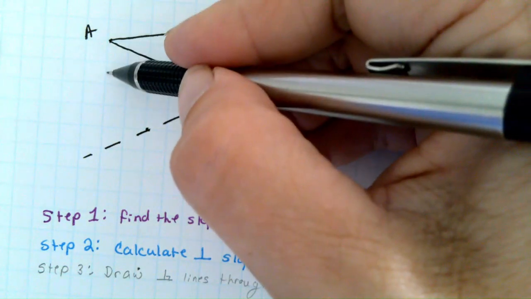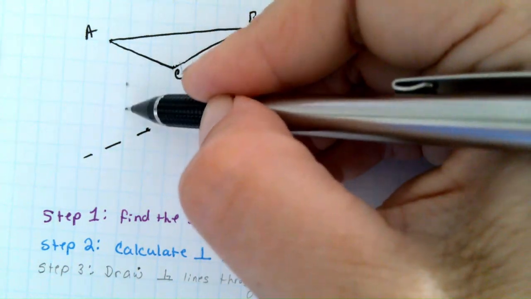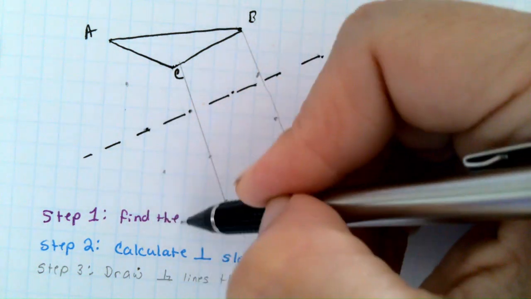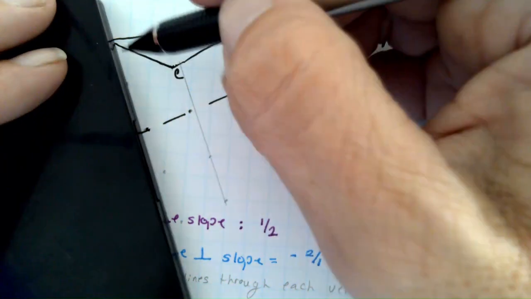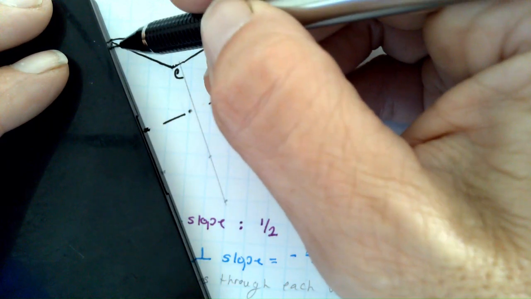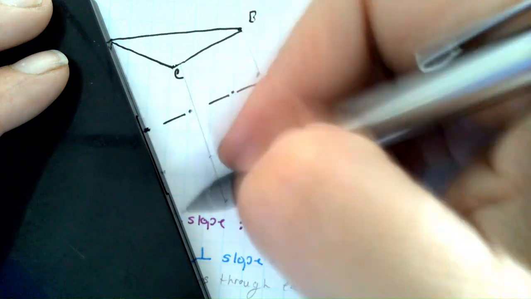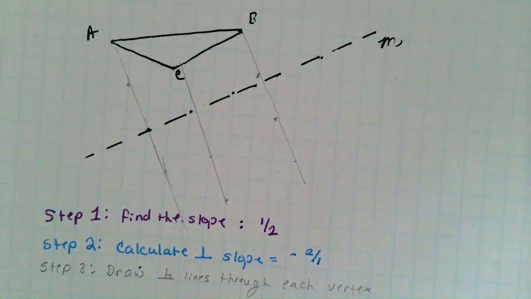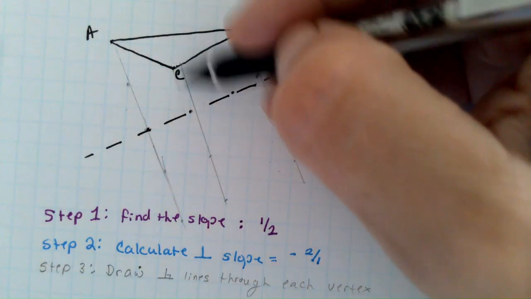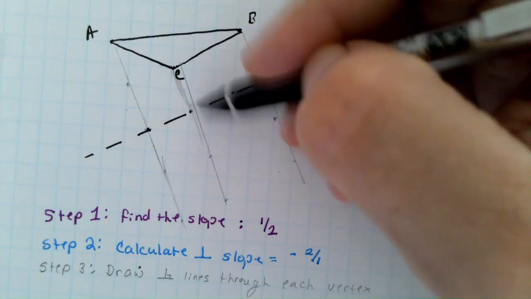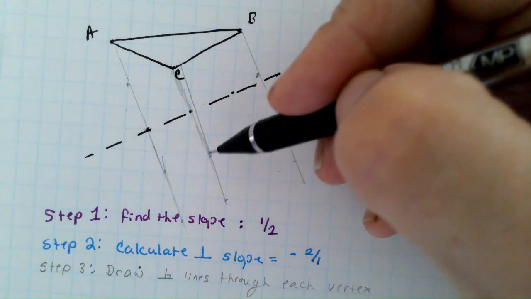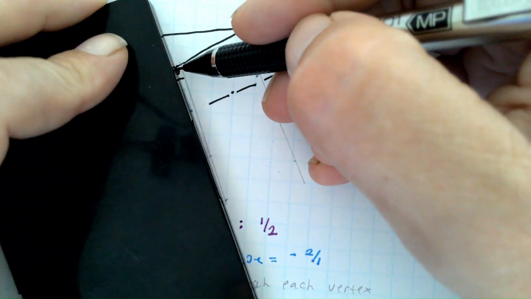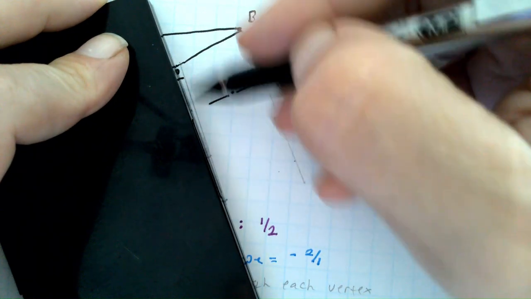And from A, down 2 over 1, and repeating. Okay, I've done that. I have a perpendicular line from, ooh, that's not the best perpendicular line from C. Didn't even go through point C, did it? There we go.